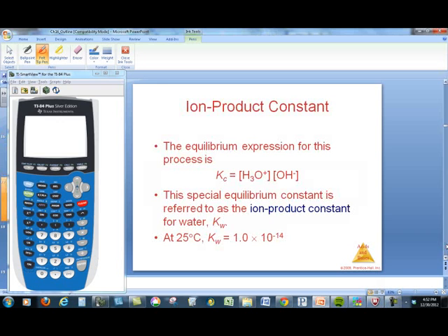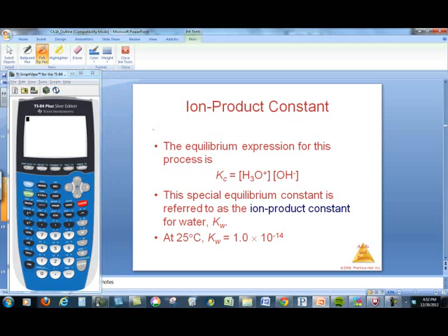Alright, so one of the things we learned about in the Khan Academy podcast is the equilibrium expression for the autoionization of water, where water breaks into either H3O plus or H plus.